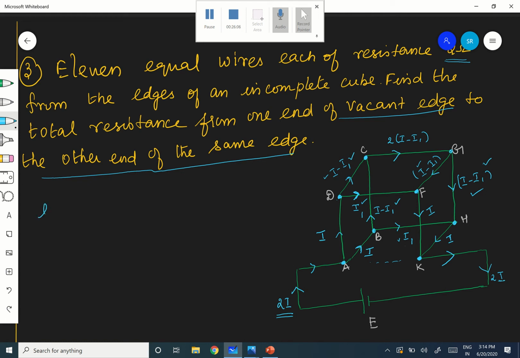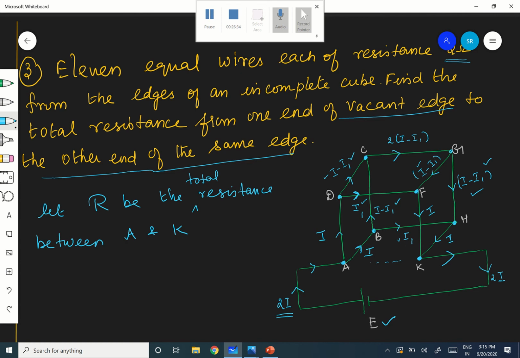Let R be the total resistance between A and K. That only you want, no?